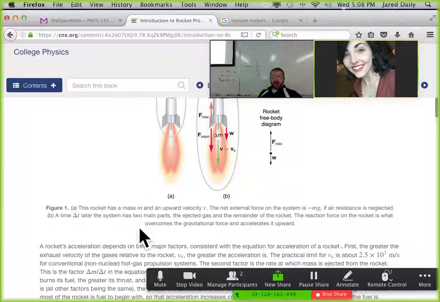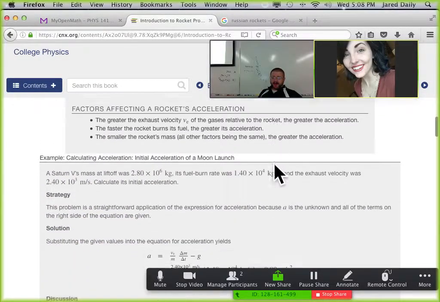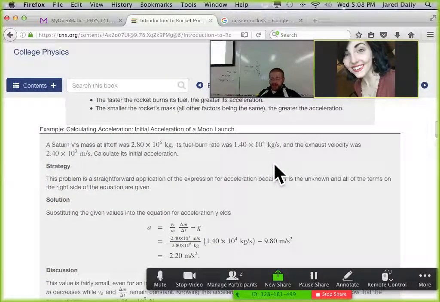Your free body diagram for a rocket just has the force from the rocket upward and then the weight downward. And if we want to calculate the acceleration, we need to know those two things. Well, we also need to know the mass of the rocket and how the mass of the rocket is changing.